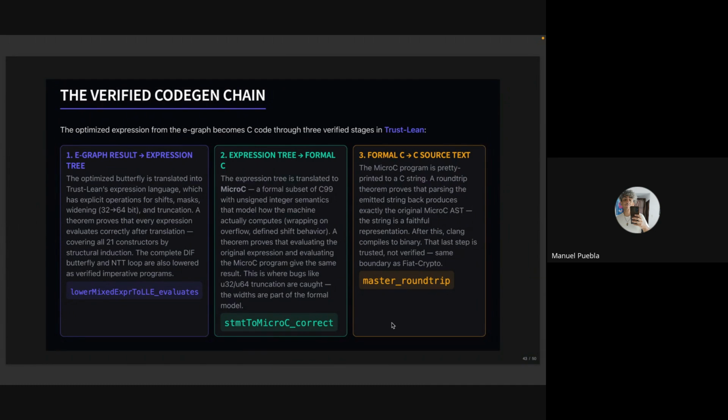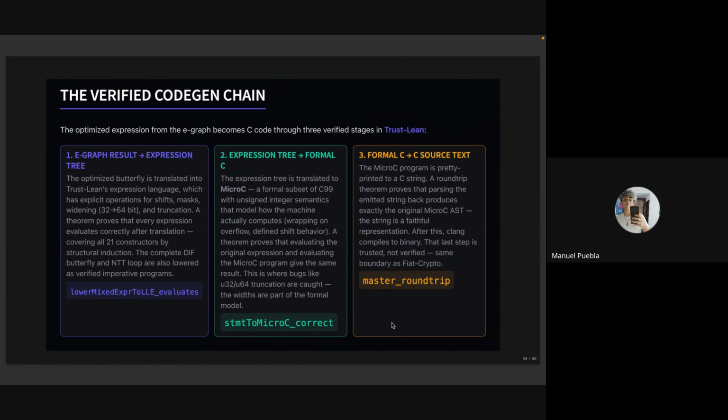So we're good with a subset of C. This is where you catch bugs like truncation and how numbers fit into U32s or U64 chunks. So we have that theorem that proves that correct, STMT to micro C correct.